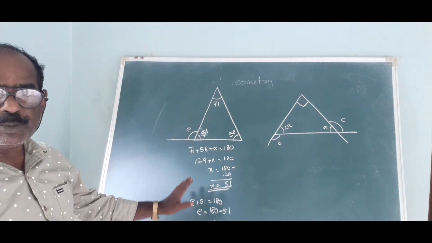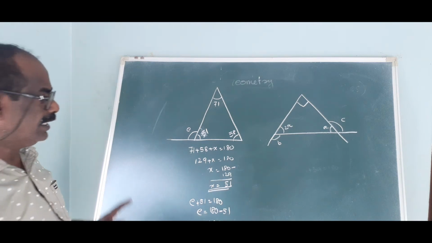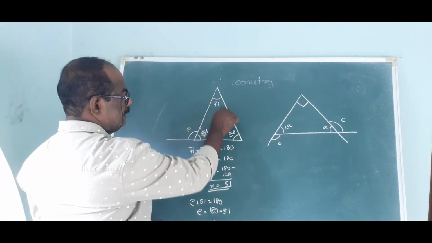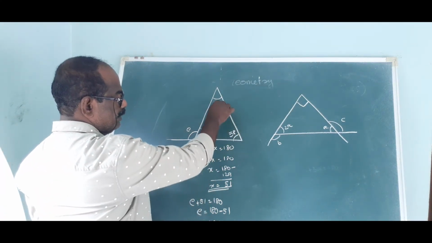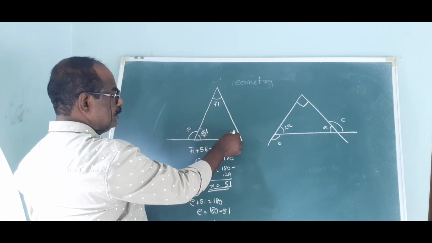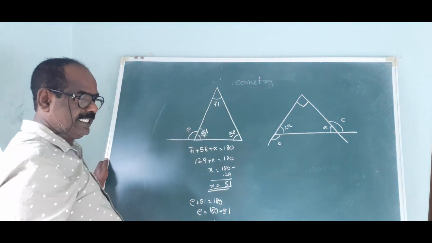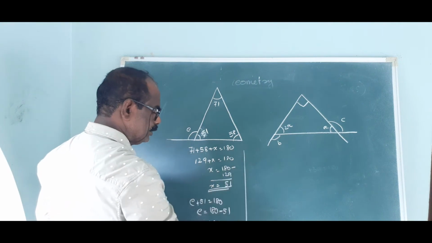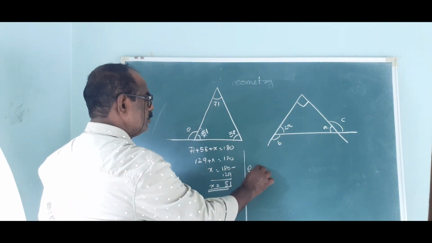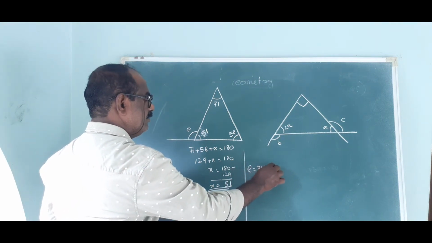Here another property of the triangle: the exterior angle is equal to the sum of the opposite interior angles. We can say here in the shortcut method E is equal to 71 plus 58.